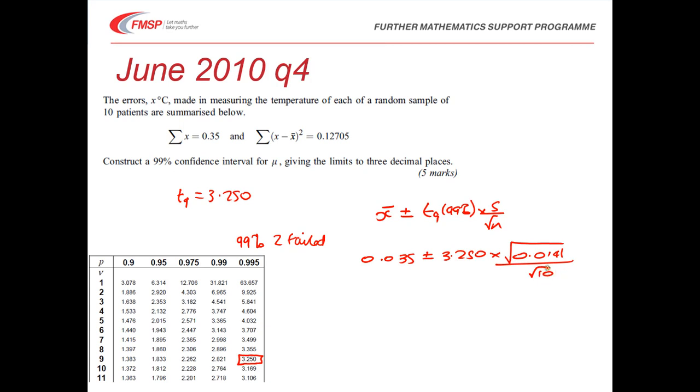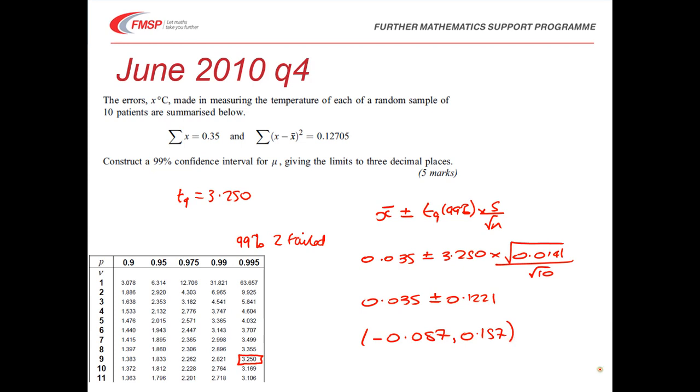Again, if you use 9, that's bad. You need to make sure you do this correctly. So that's 0.035 plus and minus 0.1221. We do need to finish this off. So minus 0.087 to 0.157.